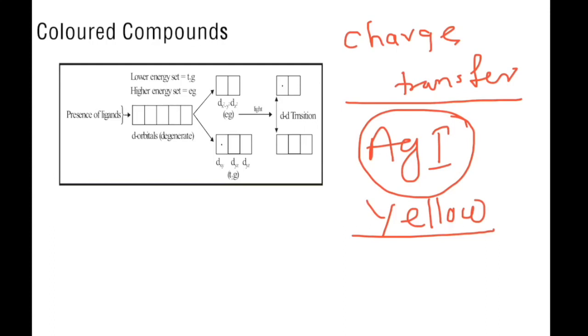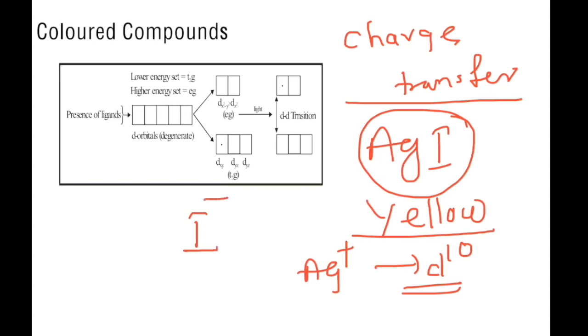Why is it yellow? Ag plus has d10 configuration, but the color is yellow. This is mainly due to the large size of the I minus anion.